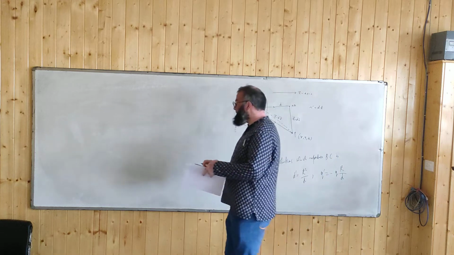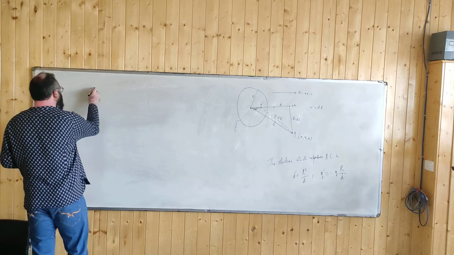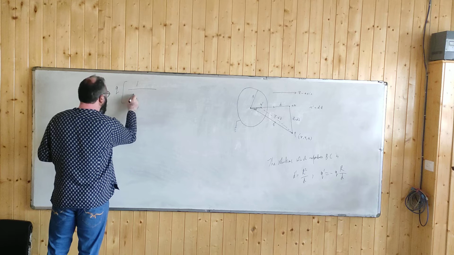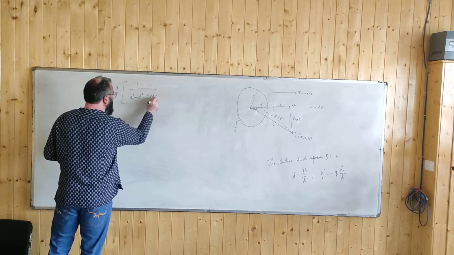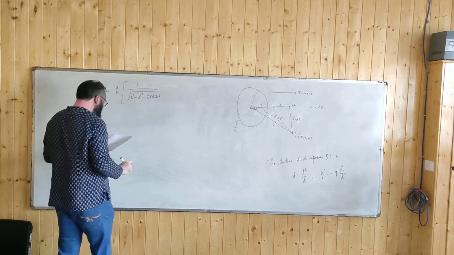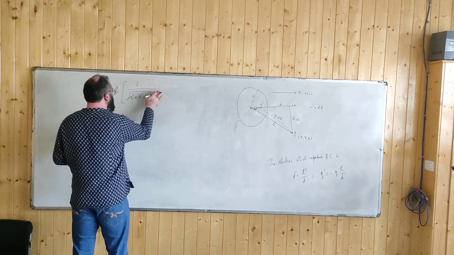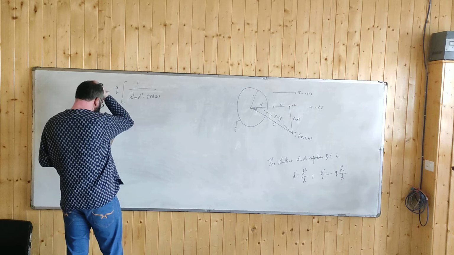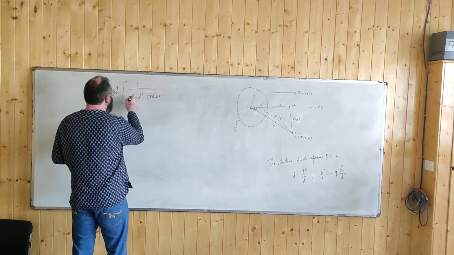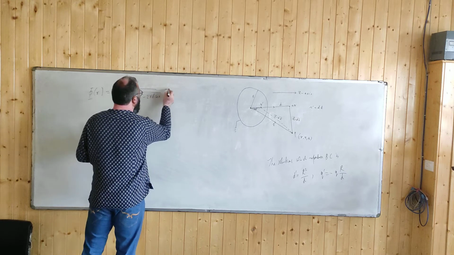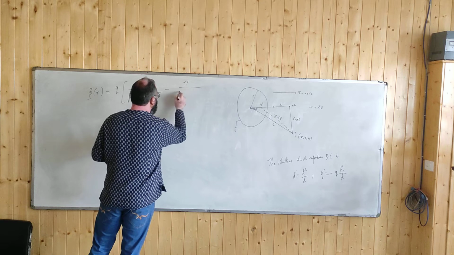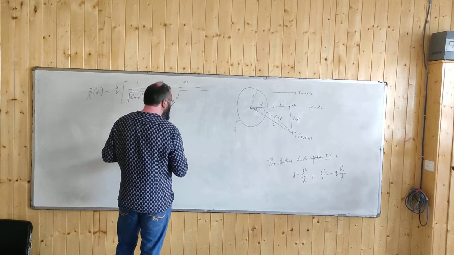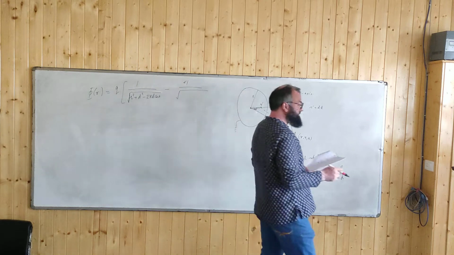So what will be our phi of r? Let's write this phi of r. So what was our formula?